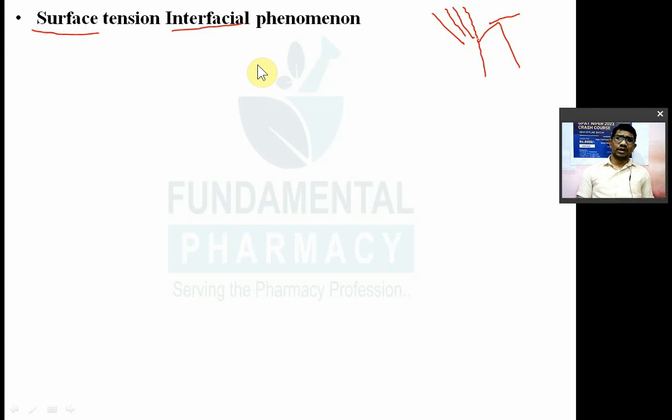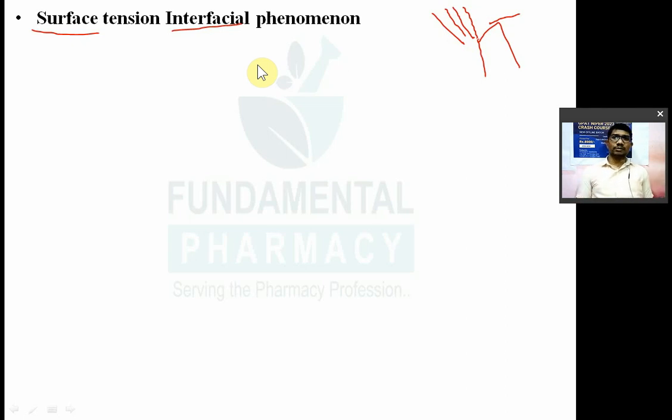Ethanol is soluble in water, so you will not find a boundary between them. But if you add benzene to water, you will clearly see two phases, because one is the organic phase and one is the aqueous phase. Between this organic and aqueous phase there is a minute boundary. This boundary is known as an interface.